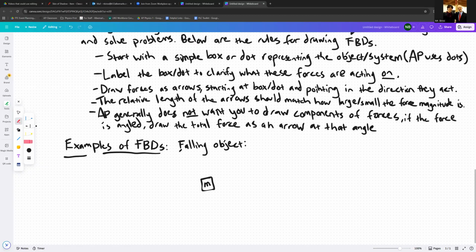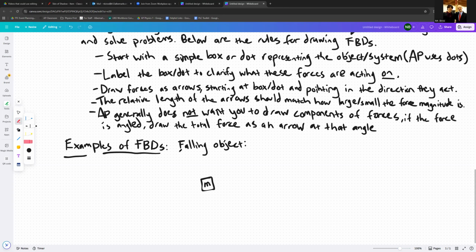You might call it M1 or M2, which is not very creative on the part of physicists for labeling objects. I think of Thing 1, Thing 2 from Dr. Seuss, if any of y'all have read those. But sometimes we'll just call it M for the object, whatever it is.